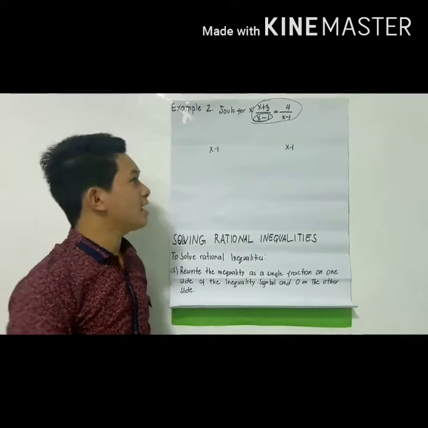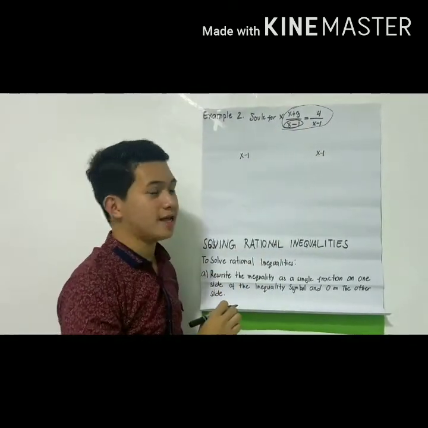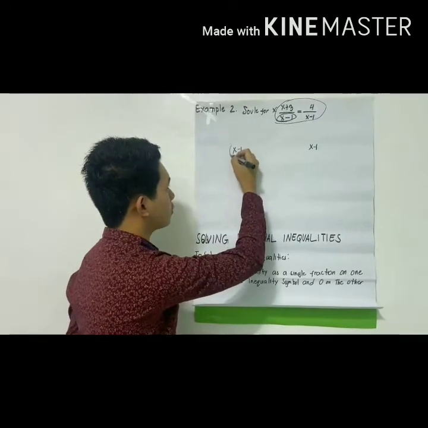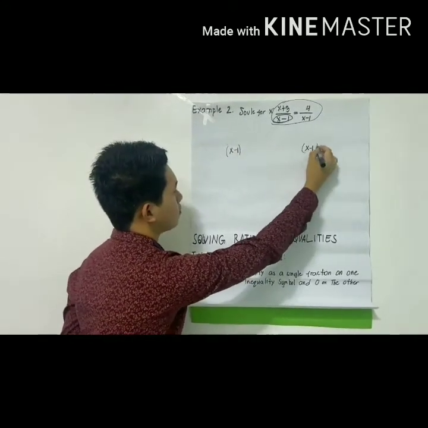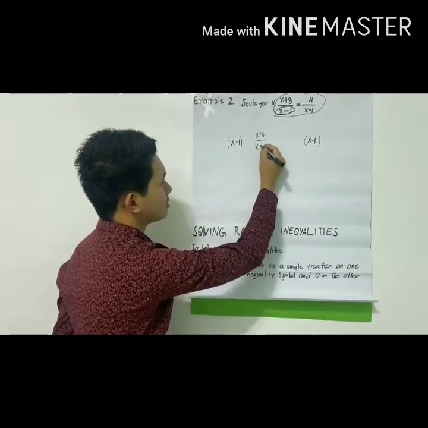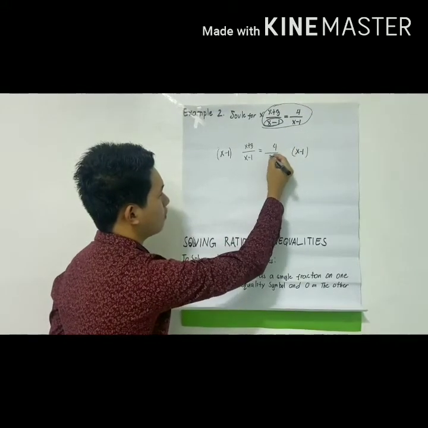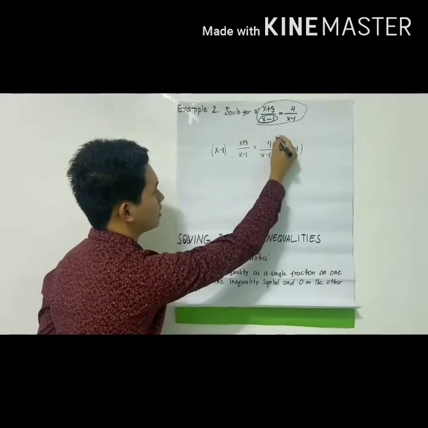Then multiply the equation both sides by the LCD, which is itong x minus 1, and x plus 3 over x minus 1 equal 4 over x minus 1.